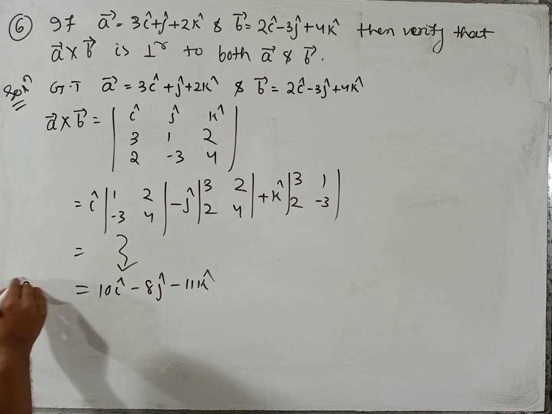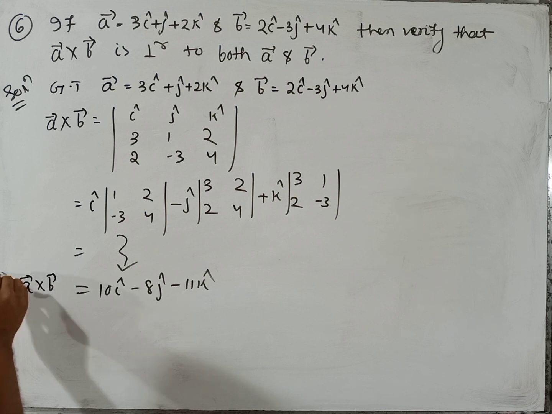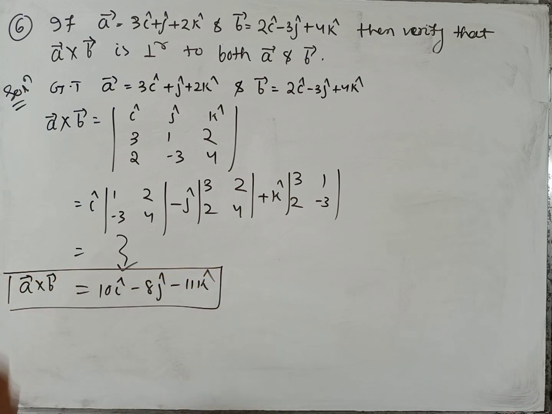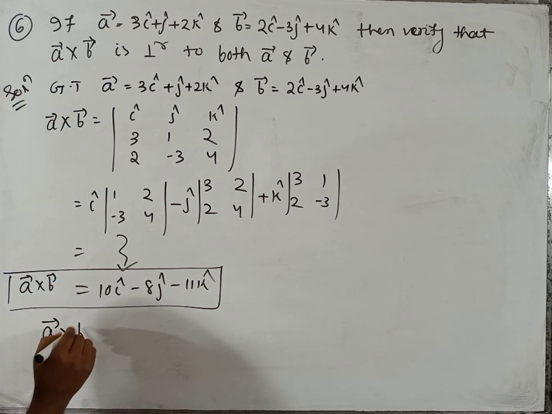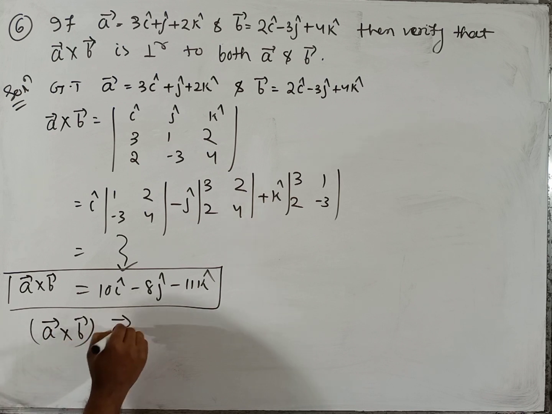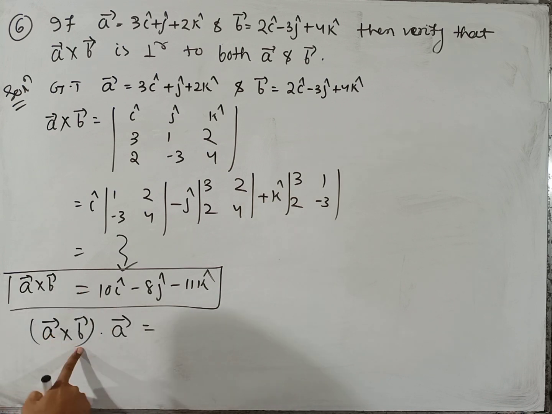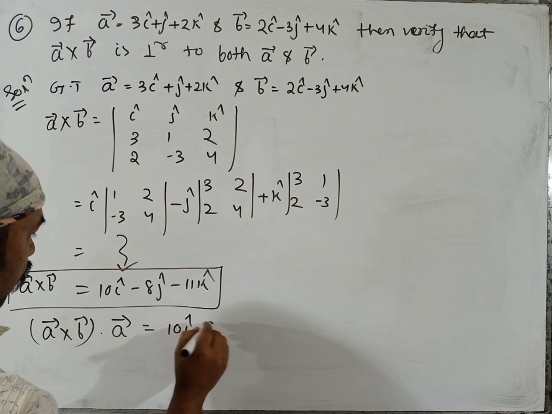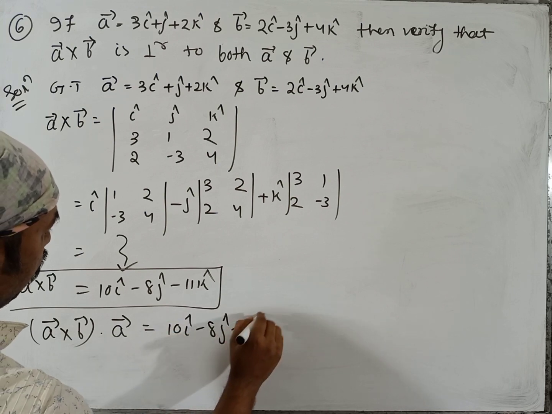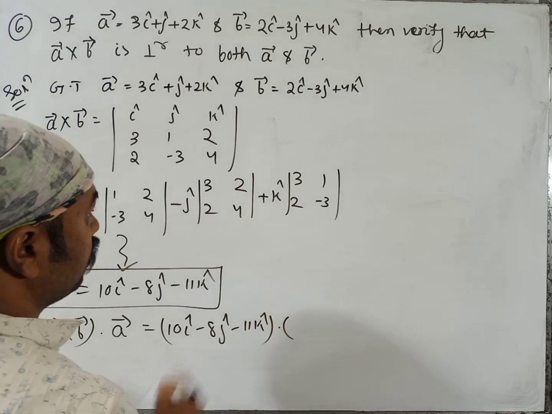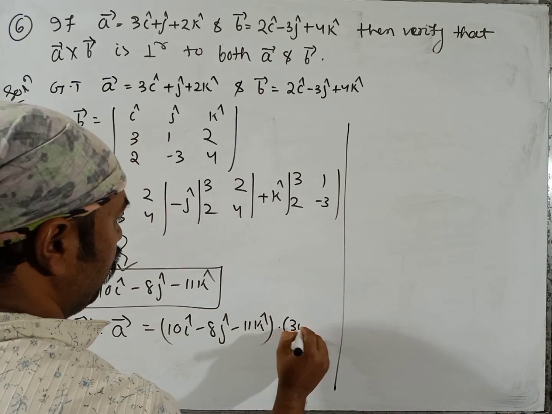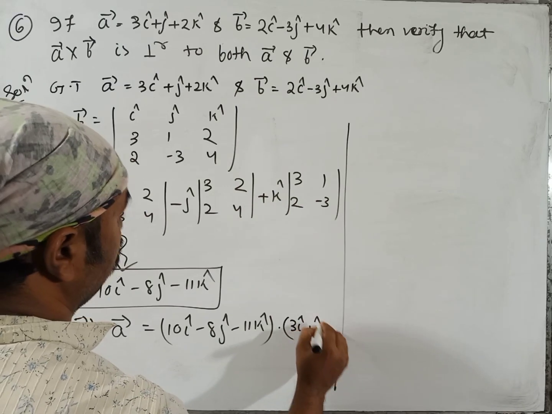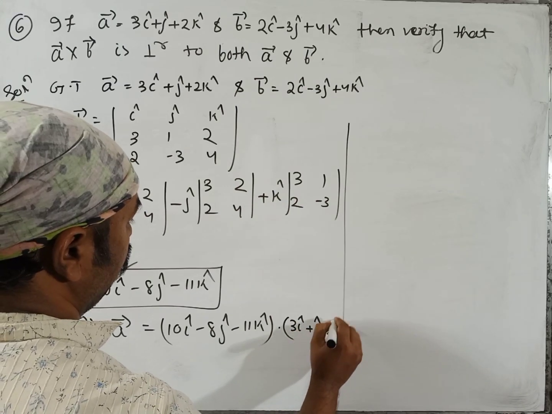Here it is A vector cross product with B vector. Then we have to find that A vector cross B vector, 10 i cap minus 8 j cap minus 11 k cap, dot product with A vector, 3 i cap plus j cap plus 2 k cap.